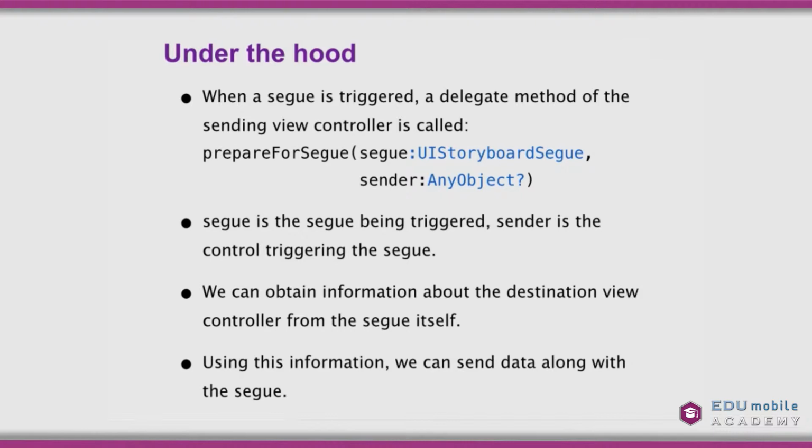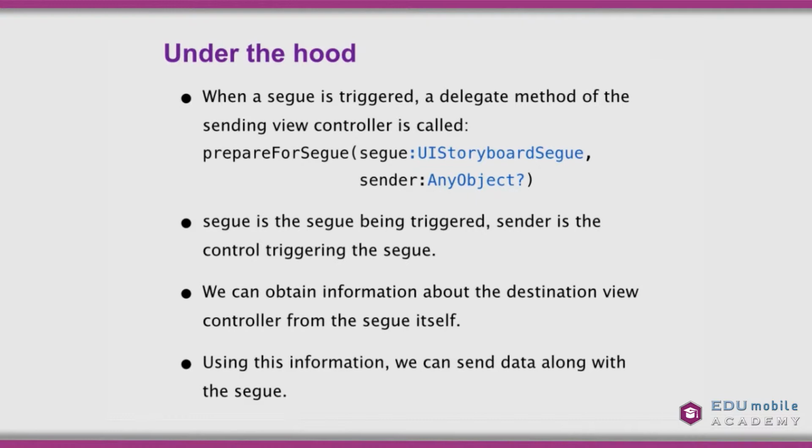Segue is the segue that's being triggered, the one being prepared for right now. Sender is the control that triggers the segue. This is very important. It is not the view controller that the segue is being sent from.